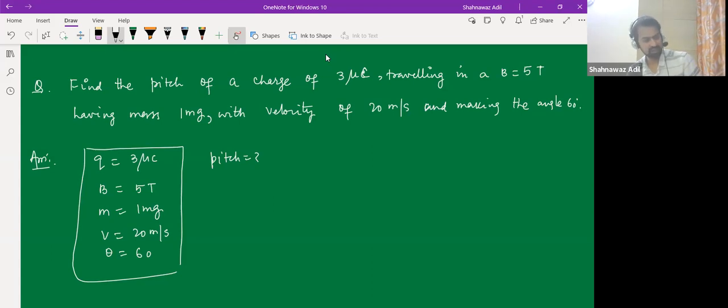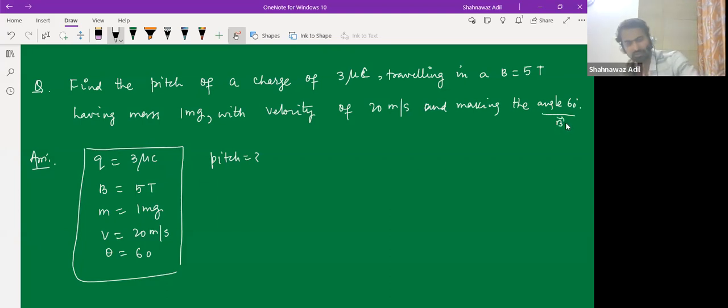Yes, are you guys calculating? Yes, sir. Please calculate and tell me the answer. This angle is with the magnetic field.